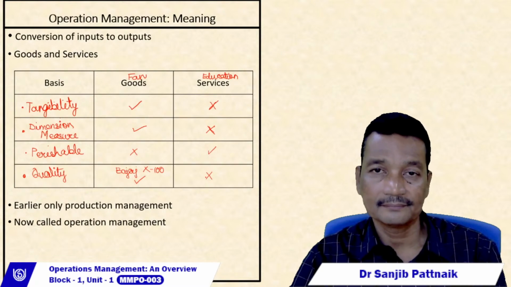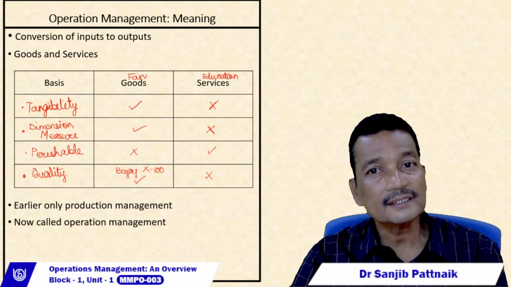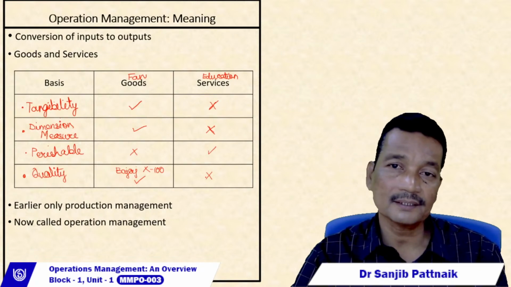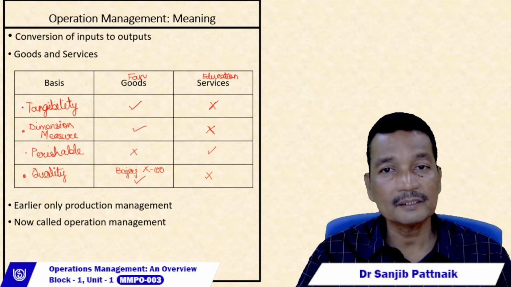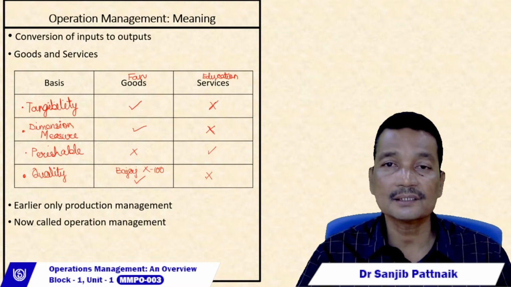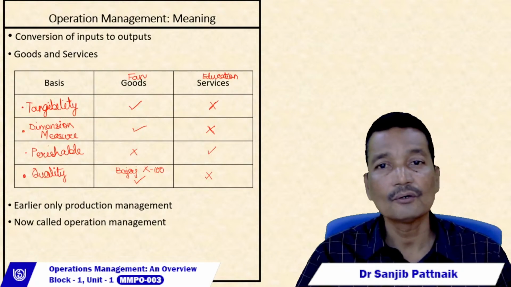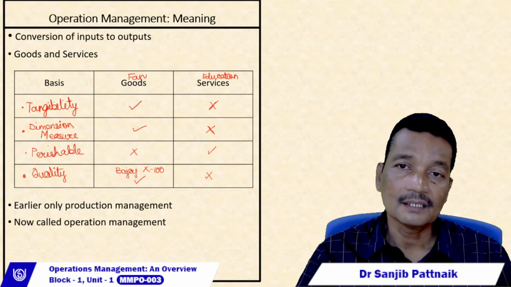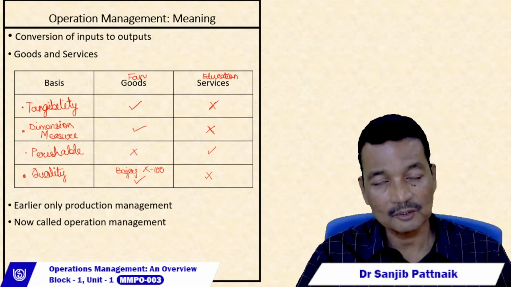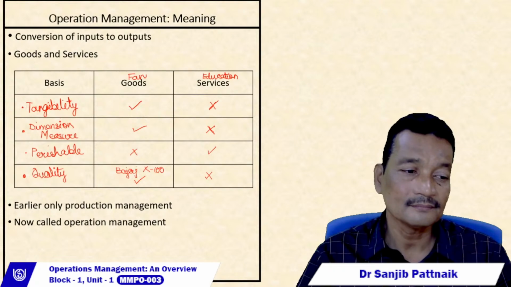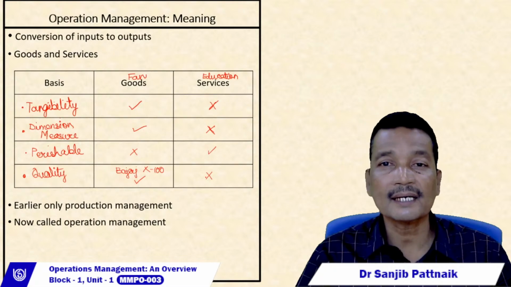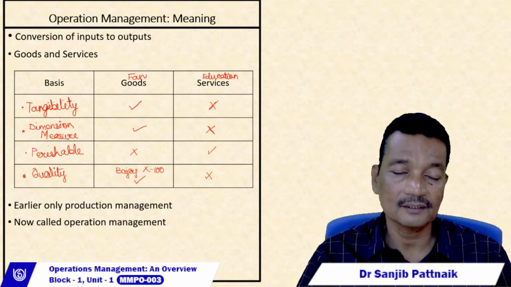In earlier days, services was not having so much importance in the business world. Business world was mainly consisting of the production of goods or products. Now, here the physical inputs are converted by conversion system, that means machines, and they are getting an output in form of products or goods.